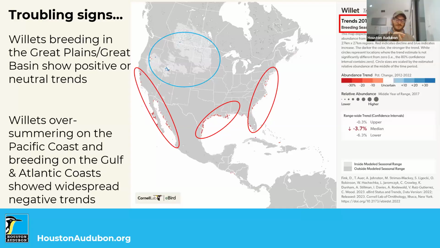On the left side there, the Pacific coast had a negative trend. Those would be over-summering Western willets that aren't breeding. So we're seeing a decline in over-summering birds that aren't breeding, which could be a good thing.